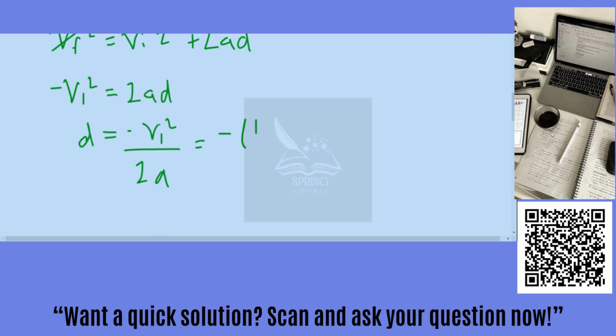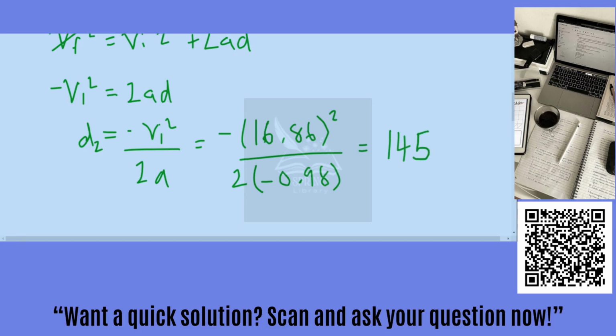And then I'm going to plug in all my values. And so we get a displacement, let's call this D2, for the second part of the motion. We get a displacement of 145 meters.